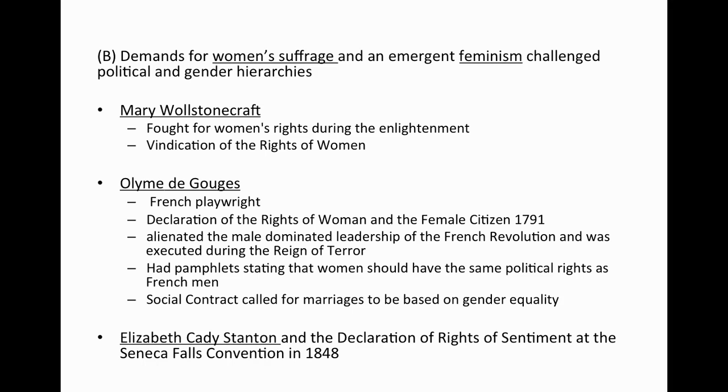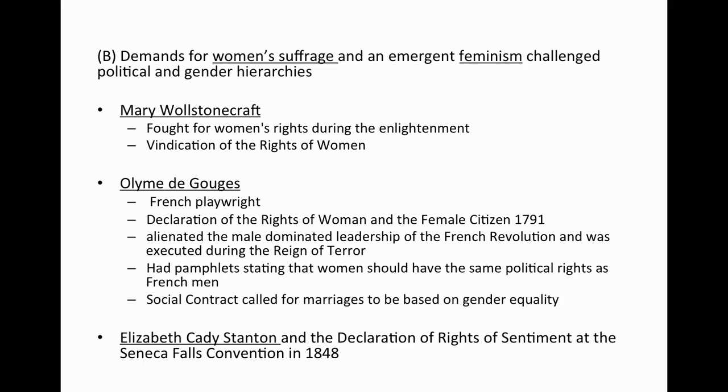We remember her because she was executed by Robespierre during the Reign of Terror, because she was going against the male-dominated leadership. She was handing out pamphlets that stated women should have the same rights as French men, and that was a no-go for Robespierre. So she's a great person to remember as an early feminist.